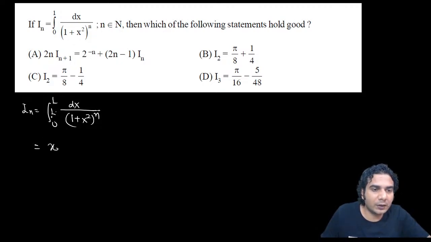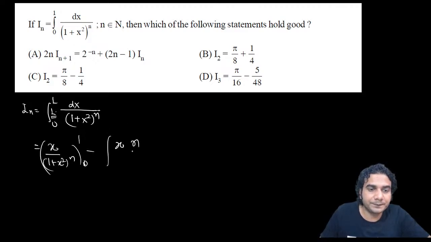So x is the integral of 1, and the second function as it is, (1 plus x square) raised to n, from 0 to 1, minus the integral of 1 which is x, and differentiation of this is minus n upon (1 plus x square) raised to n plus 1 into differentiation of x square which is 2x, dx.